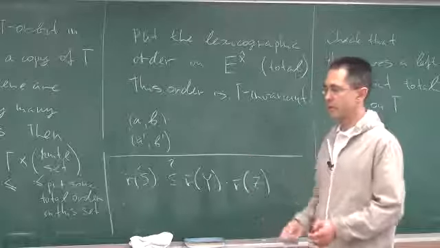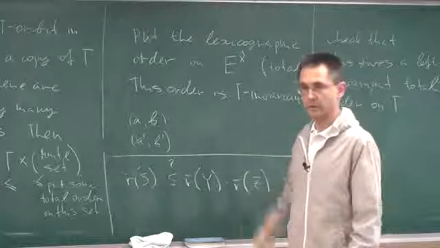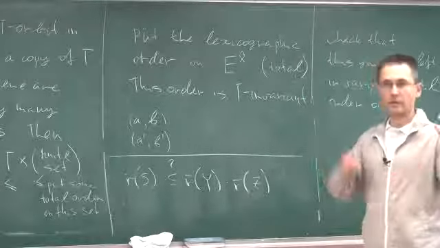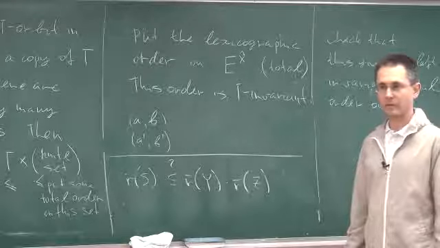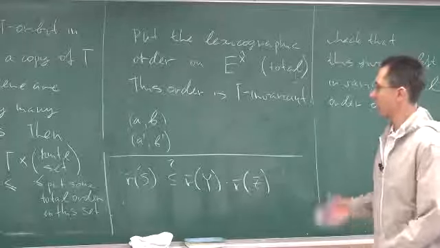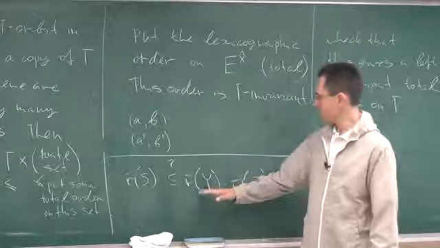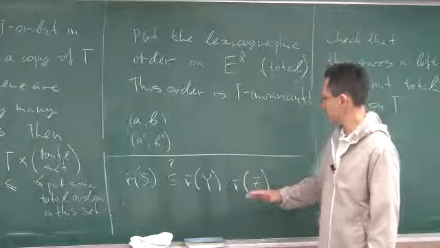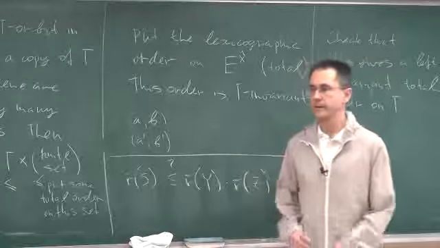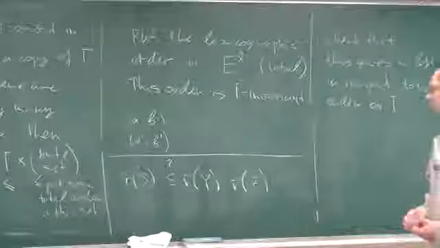The next step will be to put some ordering on Y hat, on Z hat, and on S hat using this, and see that it's a consistent way of putting an order. And then we will use that ordering to find, in some nice way, a maximal essential set in Y, a maximal essential set in Z, and in S, which would make this equality hold.